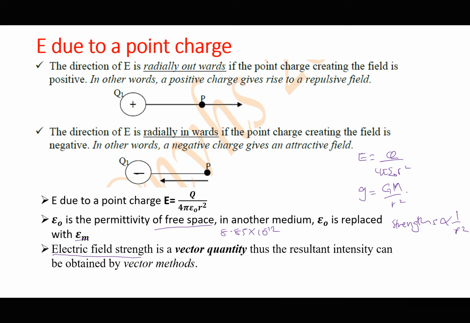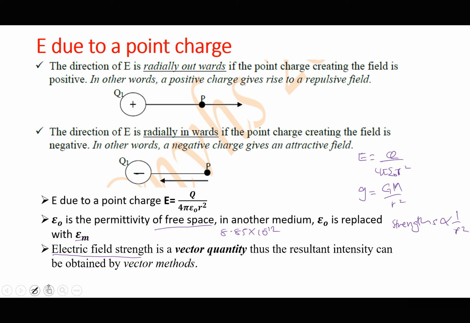So the electric field strength starts from the surface and decreases as you move away from the surface, because it follows the inverse square law. Inside the conductor, electric field strength will be zero. No charge resides inside. Charge resides just on the surface.